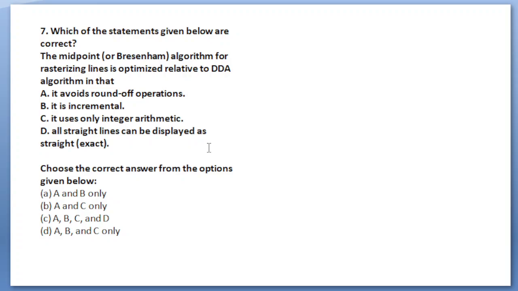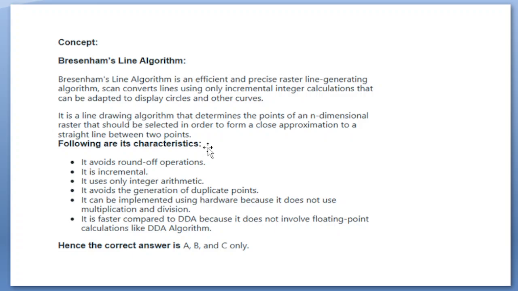First, you should have a clear idea about the Bresenham and DDA algorithms. Let's look into that: what is the Bresenham algorithm and what is the DDA algorithm? The Bresenham line algorithm is an efficient and precise raster line generating algorithm. It scan converts lines using only incremental integer calculations, and it can be adapted to display circles and other curves.